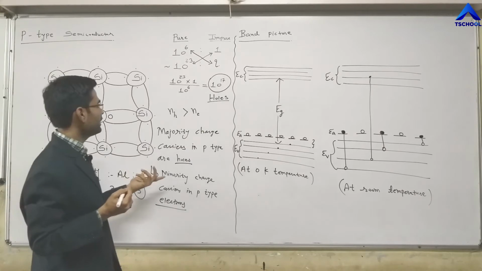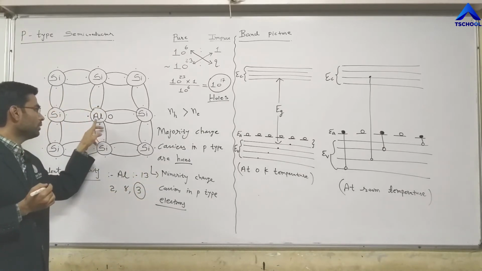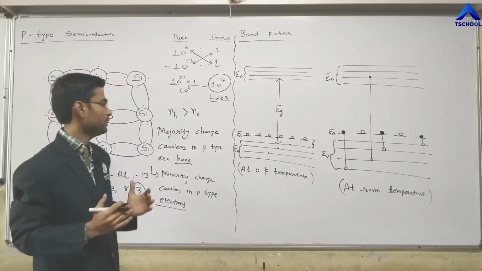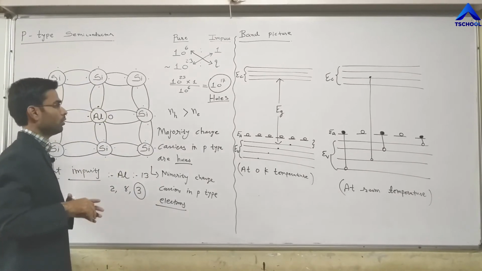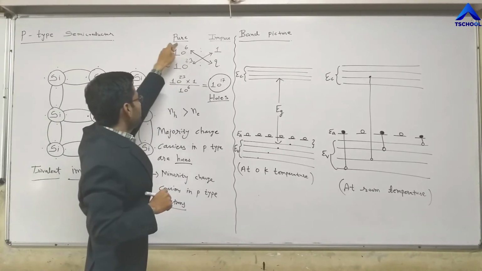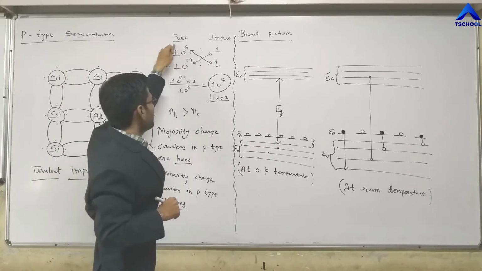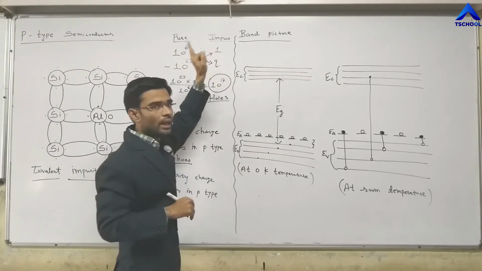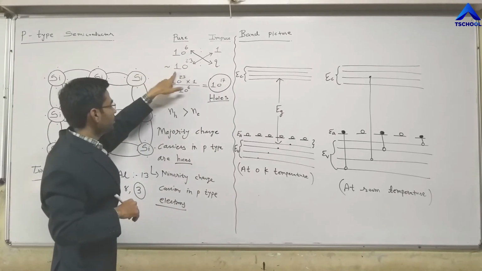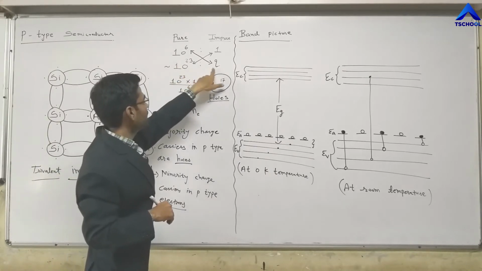Now how many impure atoms? Here aluminum is the impure atom. How many impure atoms do we add in the pure silicon or pure germanium crystal? If we take 10 power 6 atoms of silicon or germanium, then we add only one impure atom, that is aluminum. For 1 mole, meaning Avogadro's number, approximately 6 times 10 power 23, how many impure atoms?